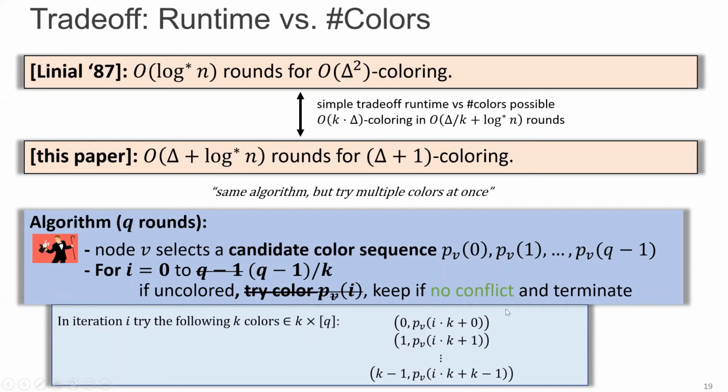The only technical part here is that if you try k colors, you also need to say this is the first color I try in this round, the second, and so on. This is why the output color space becomes k times delta, because you need to append each color with this index from 0 to k. This is necessary for the proof to go through. But essentially, it's just the same algorithm.